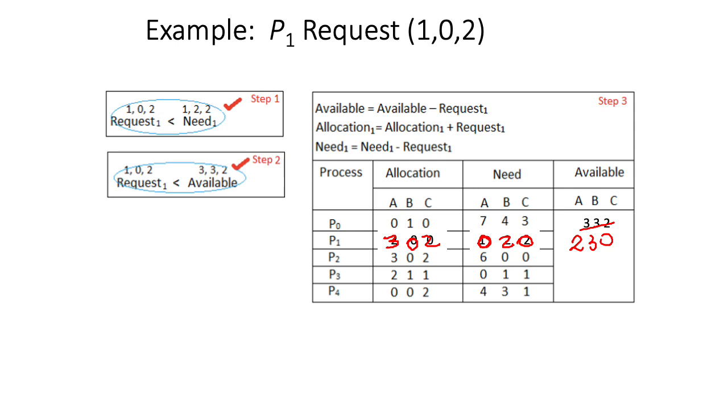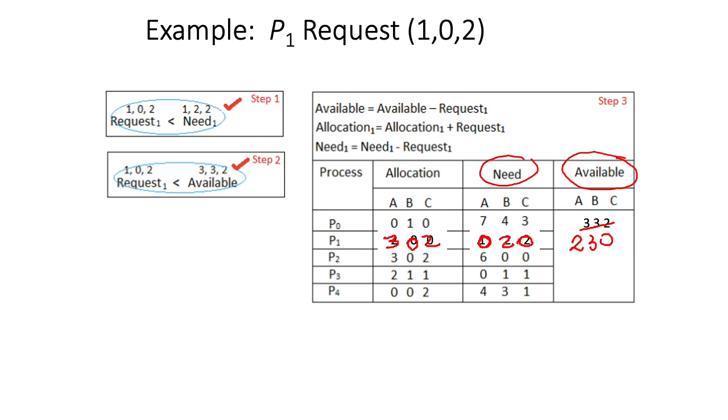Again, the pseudocode is provided in the notes. So the idea is to try and go through the different processes, and based on their needs and the current available resources, we will check which process can we service first.